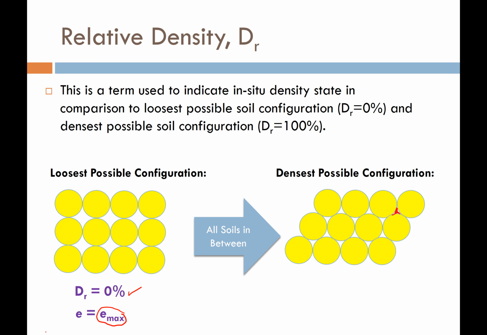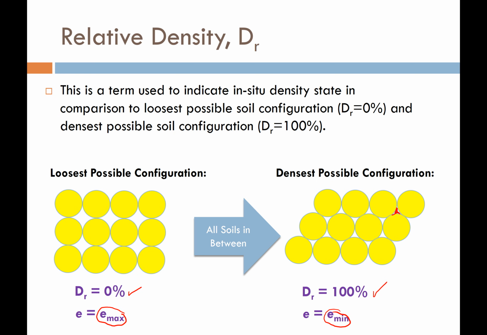If that's the case, then we say that this is the minimum void ratio possible with this soil, and this is the highest possible relative density, or a relative density of 100%.